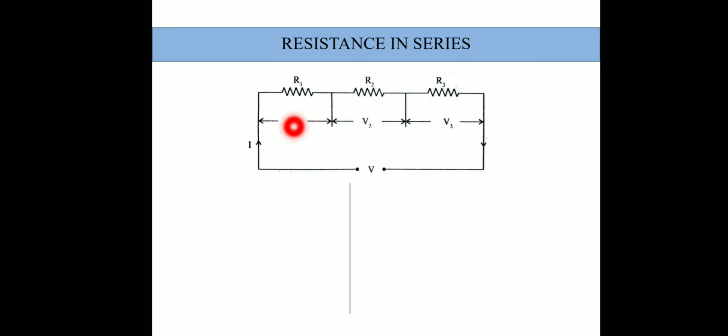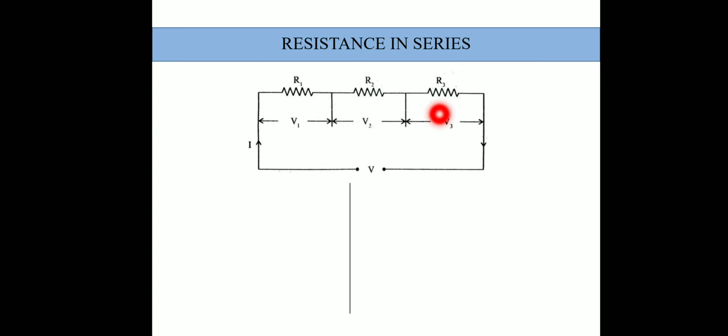As you can see here, V1 is the potential difference between these two points. V2 is the potential difference between here and the second point, and V3 is the potential difference across resistance R3. Across means left and right, between the left side and right side.